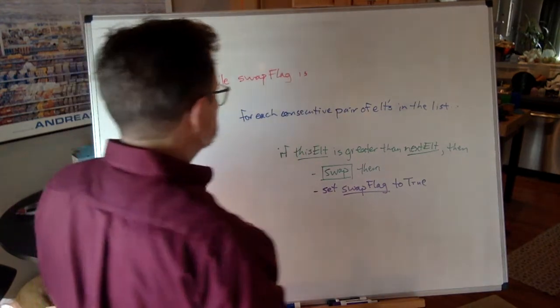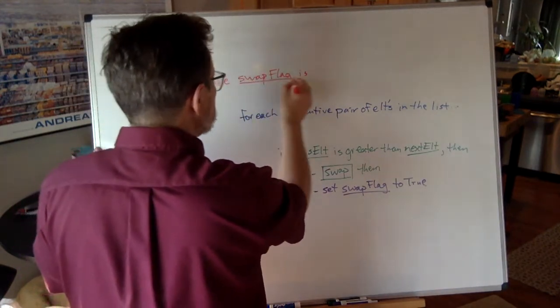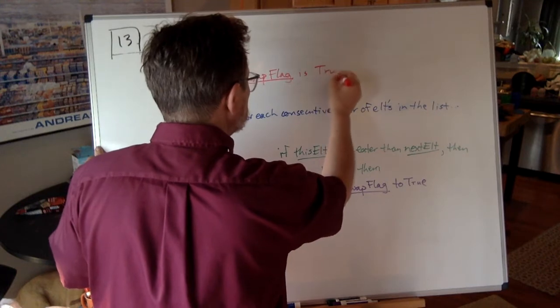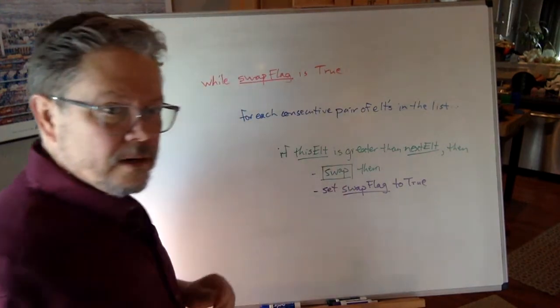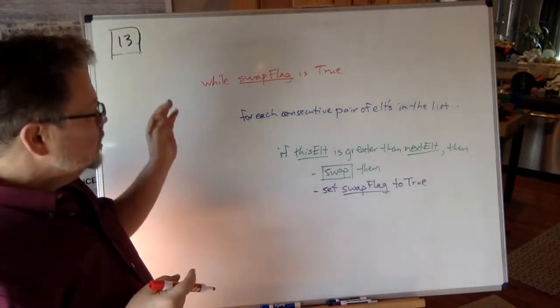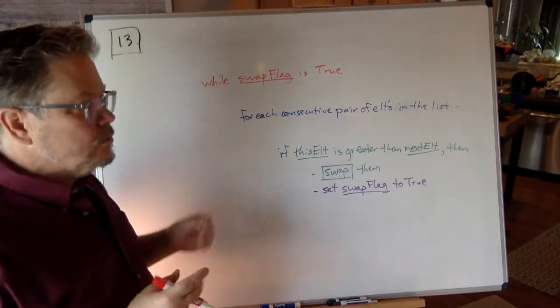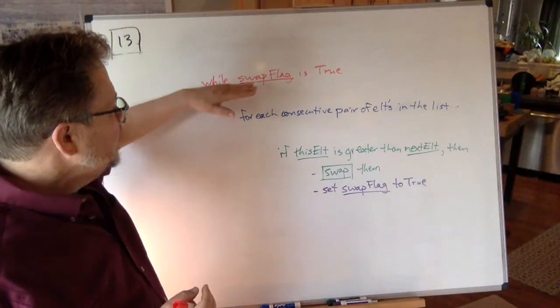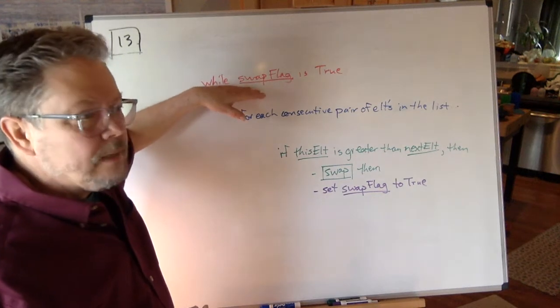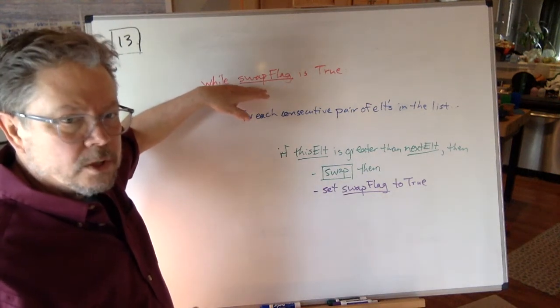Well, I don't know that "still" is something we could put into a while loop. I'll just say while swap flag is true. There. Now we've got almost a condition; that turns into double equals, and we see if it's exactly equal to true. If the swap flag is true, that means the list is still out of order.